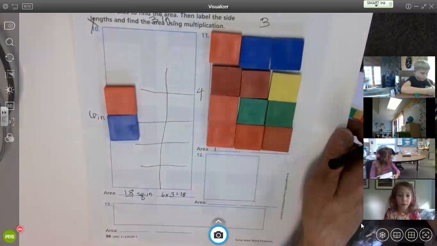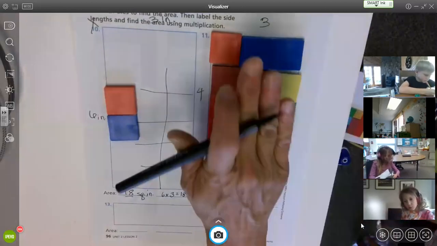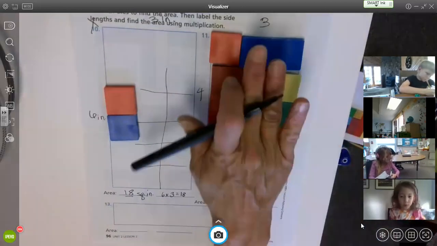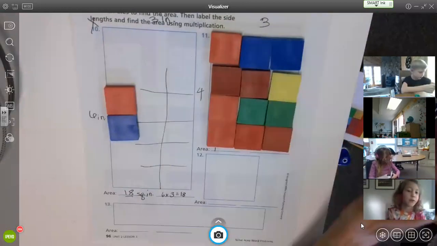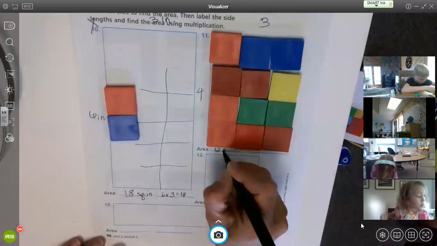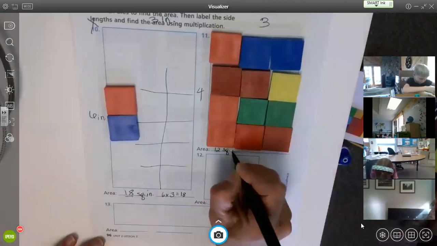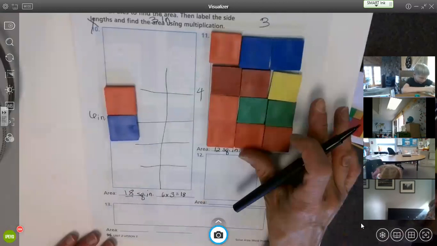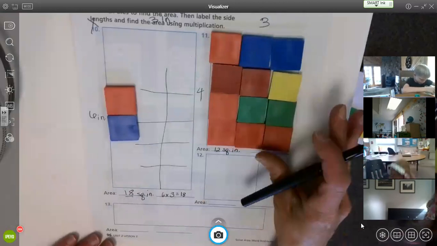If this were my bathroom and I wanted to tile this floor, how many tiles would I need? 12. So the area should have been 12 square inches. And what is the multiplication equation, Gavin, that I could use to find that?